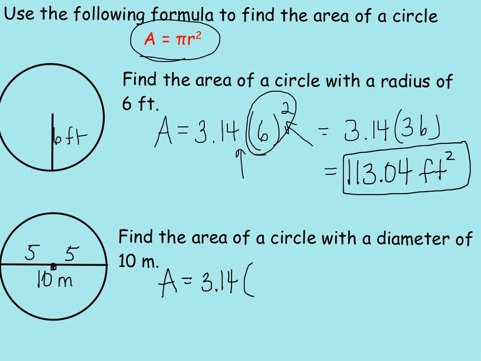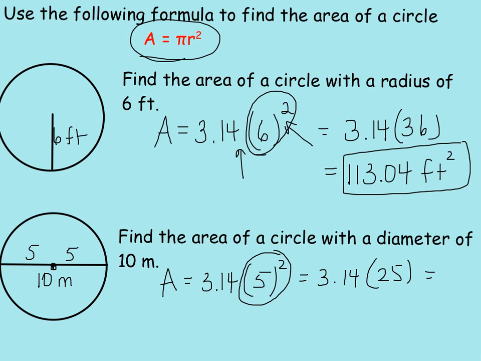So the radius is 5, and then we want to take that to the second power. Being careful of our order of operations, let's go ahead and do 5 to the second power first. That gives us 3.14 times 25, which gives us an area of 78.5 meters squared.